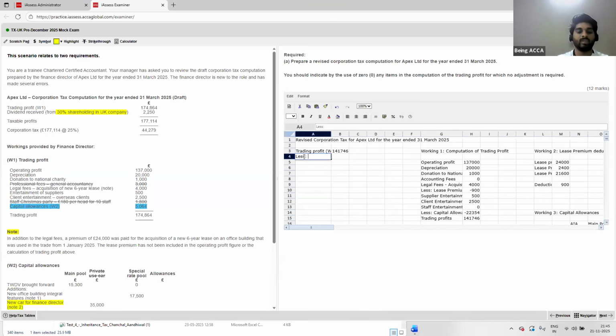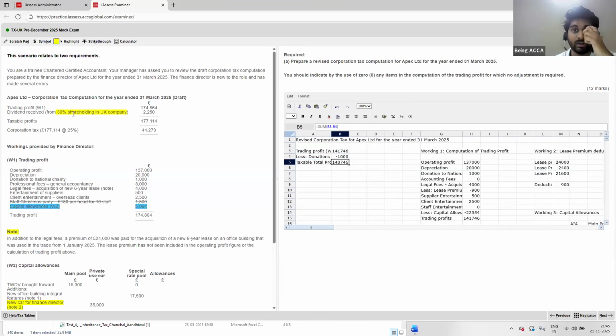So less donations to national charity, that should be deducted here, minus 1,000, giving the taxable total profits to be a sum total of these both. So now the taxable total profits are at 147,46.